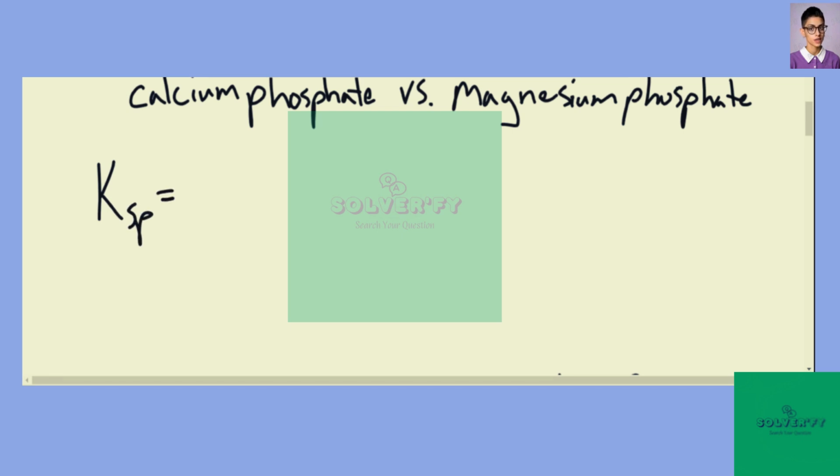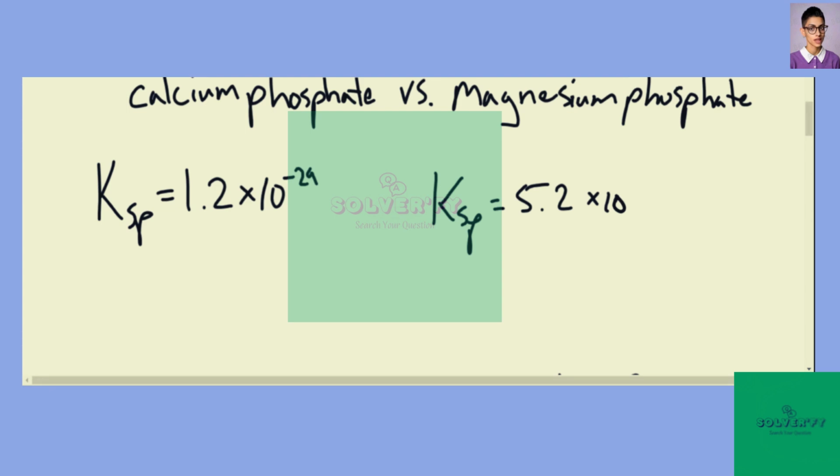The Ksp of calcium phosphate is 1.2 times 10 to the negative 29, and the Ksp value for magnesium phosphate is 5.2 times 10 to the negative 24. So that means that the magnesium phosphate is greater and is more soluble.